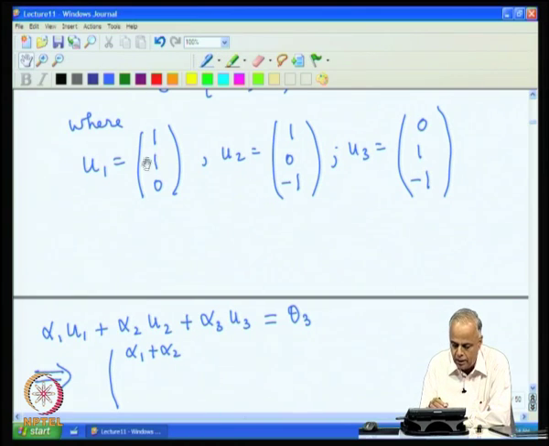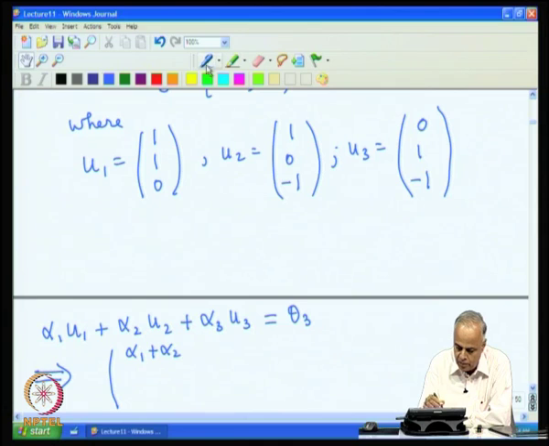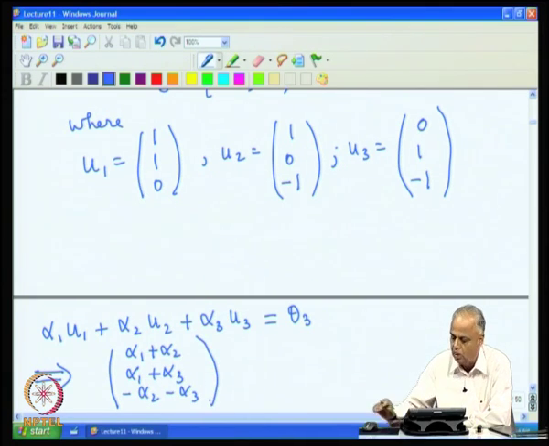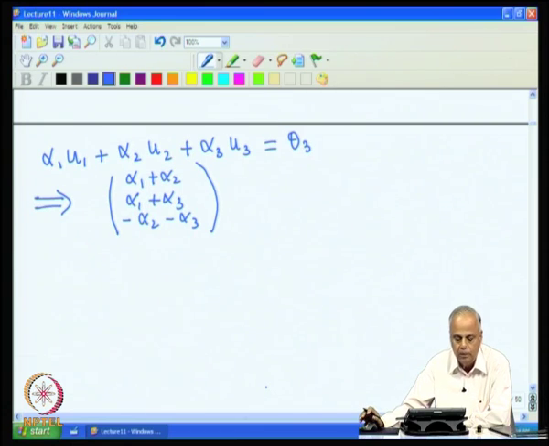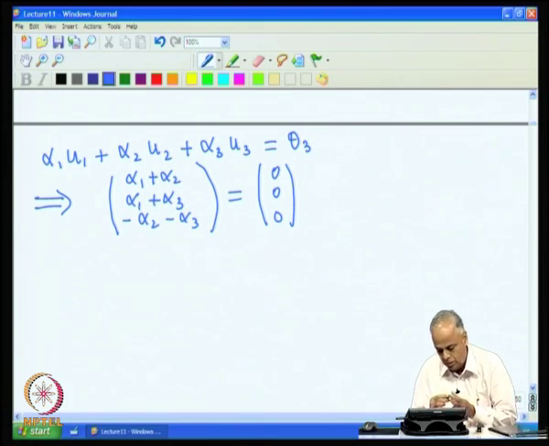The second component I will get as alpha 1 plus alpha 3. Similarly, I get the last as minus alpha 2 minus alpha 3. This is what the left hand side is. The right hand side is the 0 vector, theta 3, which is (0, 0, 0).